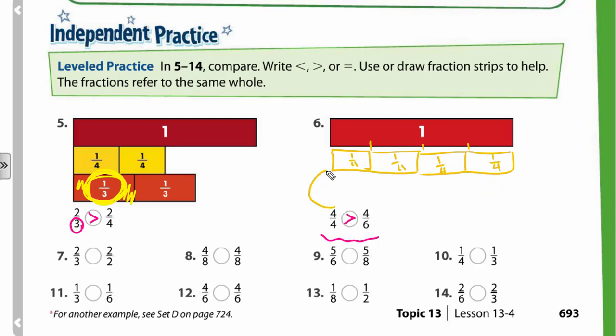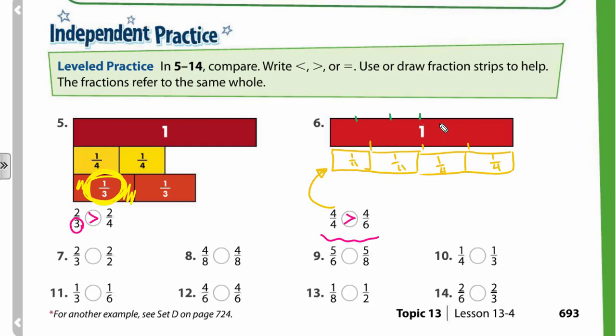These are 4/4, right? How to draw 4 sectors? But we should divide it into how many equal parts? Divide the whole one into how many equal parts? 4. Okay, so let's divide it into sectors.